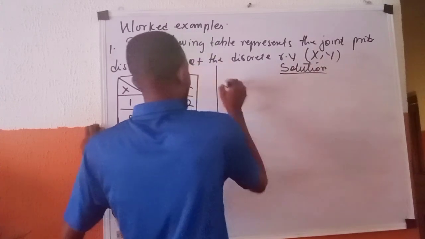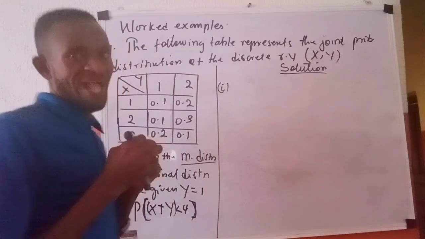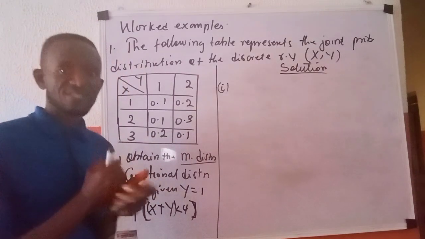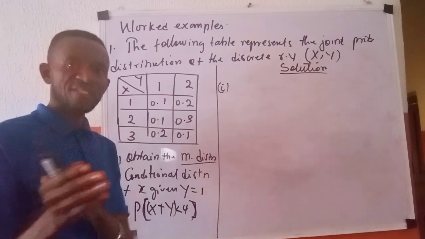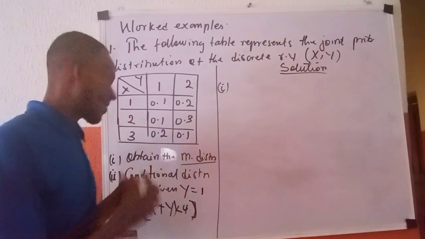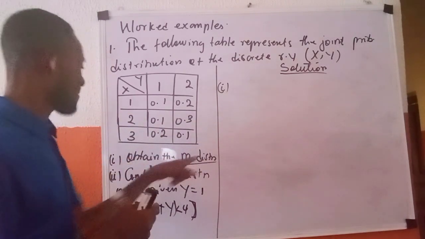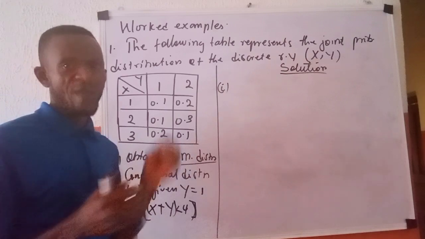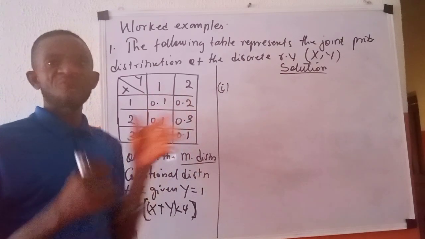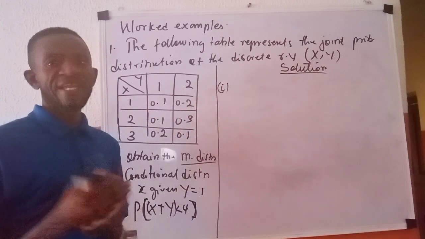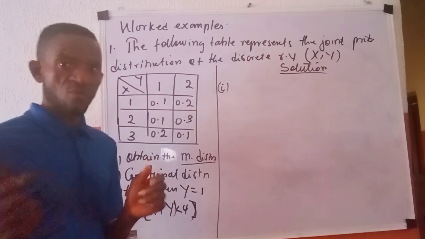We begin from I, which is talking about the marginal distribution. We are going to get the marginal distribution of x and the marginal distribution of y, because this asks us to obtain the marginal distributions. They were not specific of either x or y. But we know the formula for the marginal distribution of x and then of y.